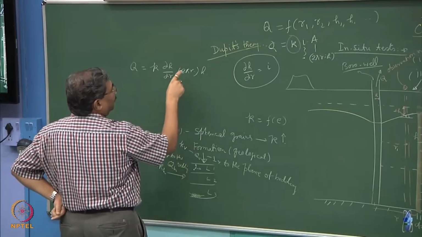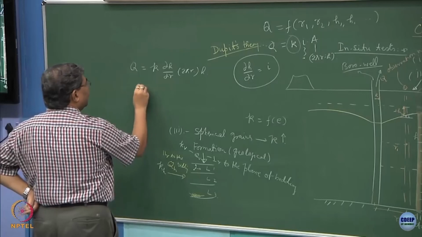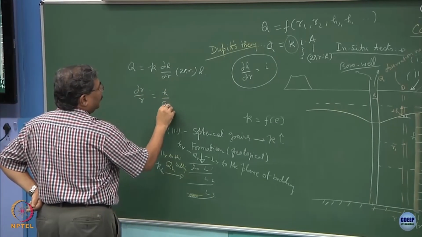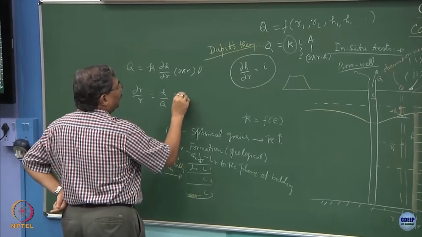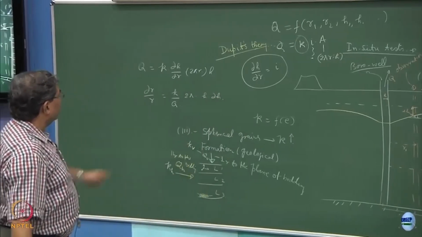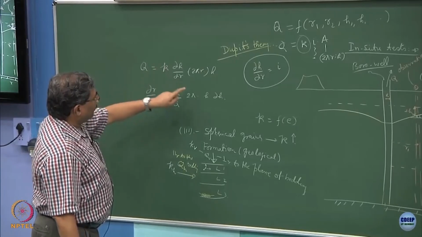So, K I into A. So, I can write this as del R upon R equal to K by Q into 2 pi H into del H. Is this okay? So, del R upon R equal to K by Q, 2 pi H del H.